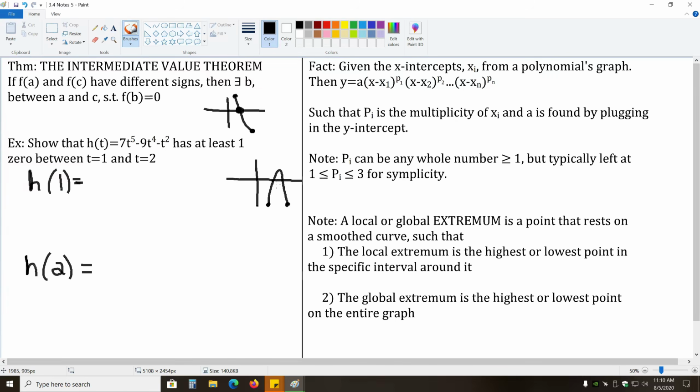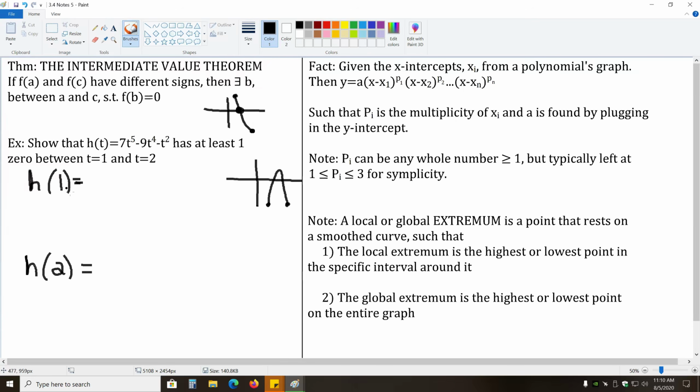And now suddenly there are 2 zeros between t equals 1 and t equals 2. We don't know for sure. We can only tell if they have opposite signs that for sure there is at least 1 zero.